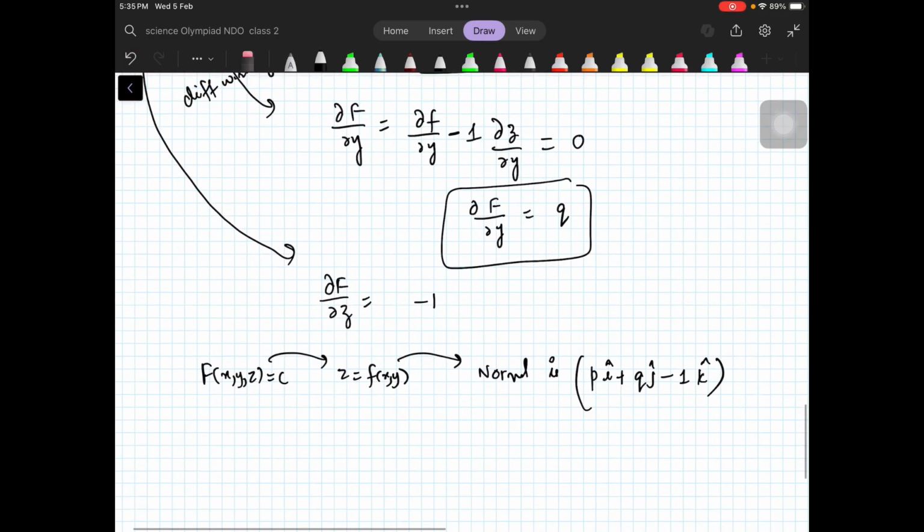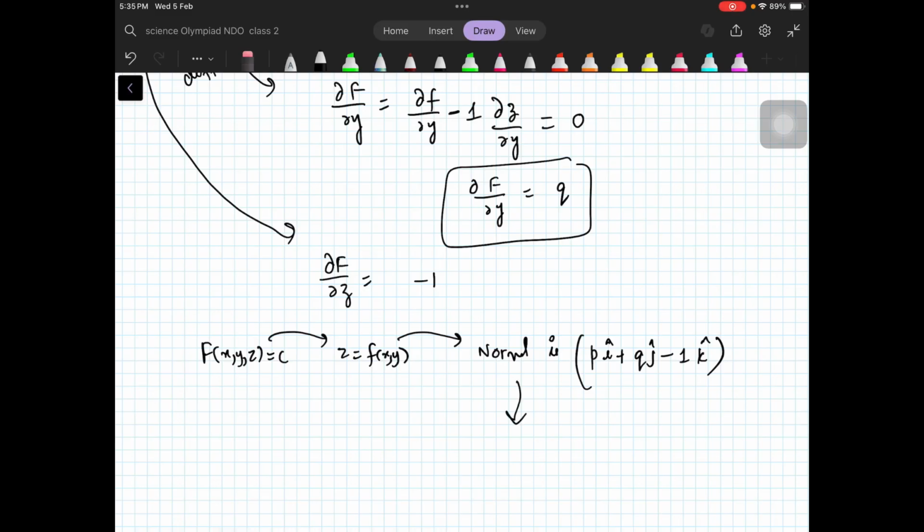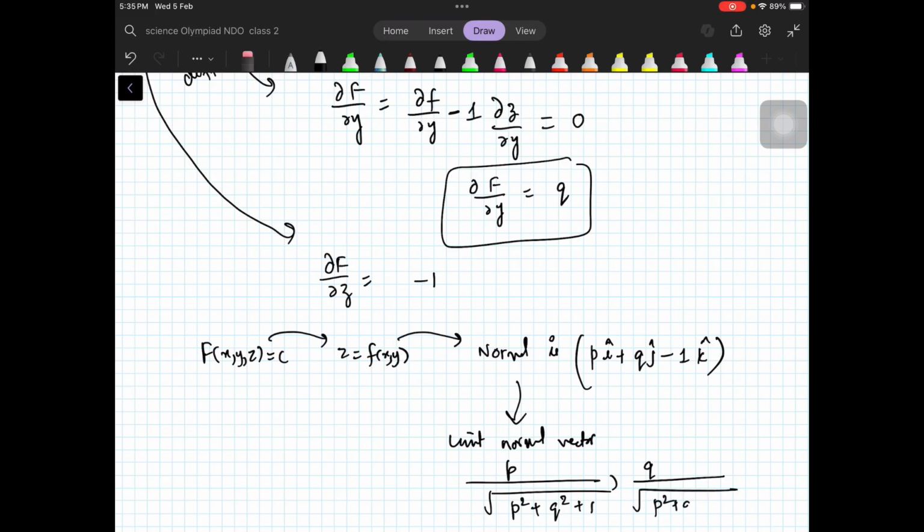If I am looking for a unit normal vector, that will be p upon square root of p square plus q square plus 1, comma q upon square root of p square plus q square plus 1, comma minus 1 upon square root of p square plus q square plus 1. So this is a unit normal vector.